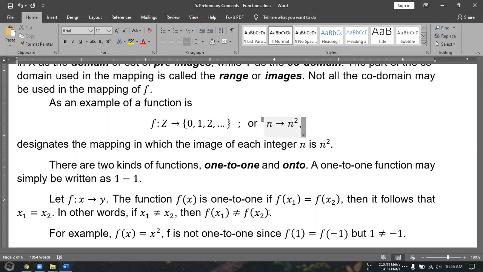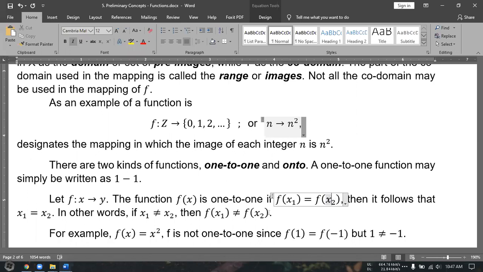The function f of x is one-to-one if f of x sub 1 is equal to f of x sub 2, then it follows that x sub 1 is equal to x sub 2. In other words, if x sub 1 is not equal to x sub 2, then we can also say that f of x sub 1 is also not equal to f of x sub 2.